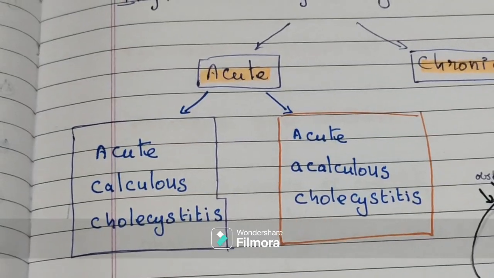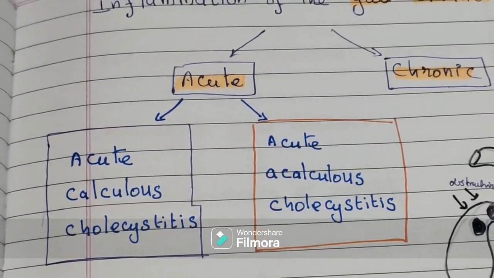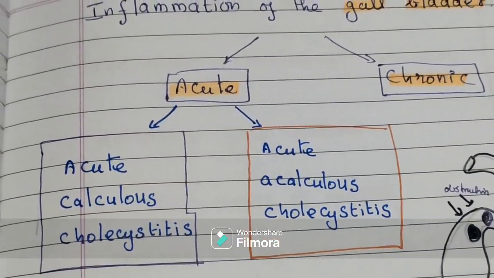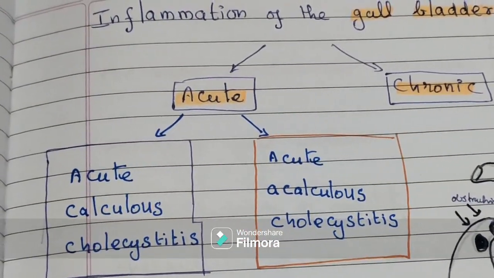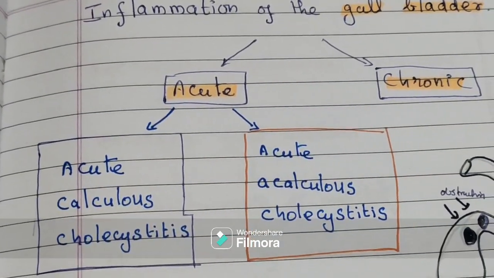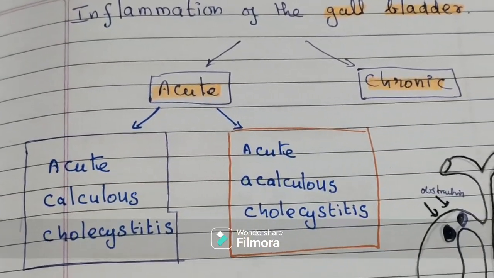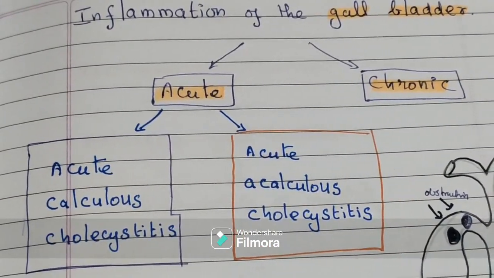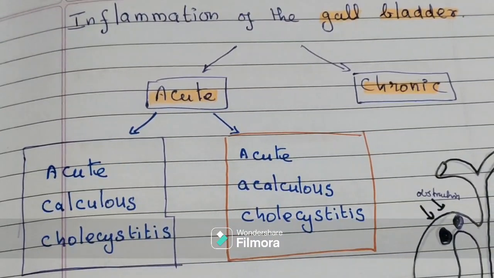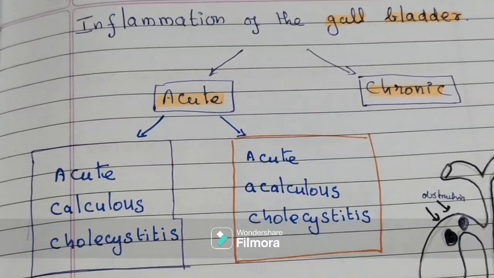Acute is further divided into acute calculus cholecystitis, which is because of the presence of gallstone, and secondly acute acalculous cholecystitis, where the gallstone is absent.